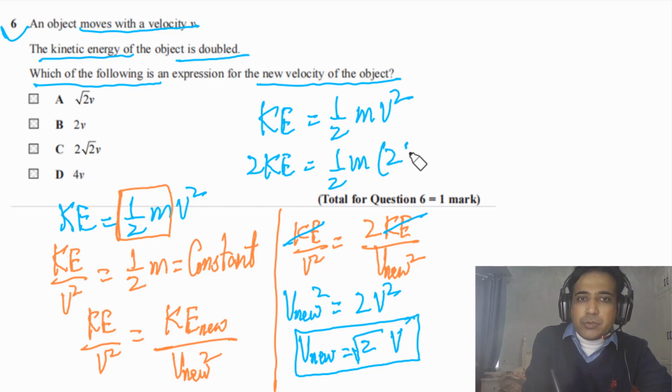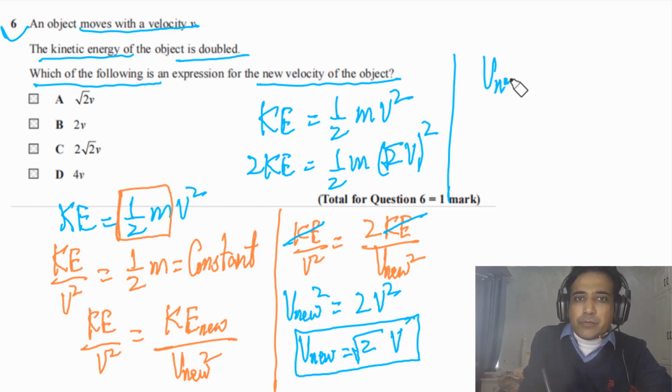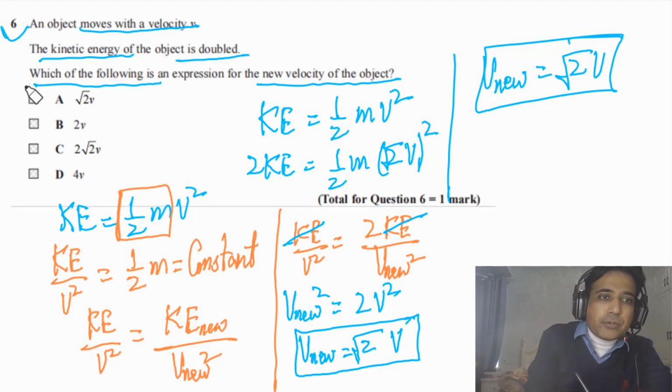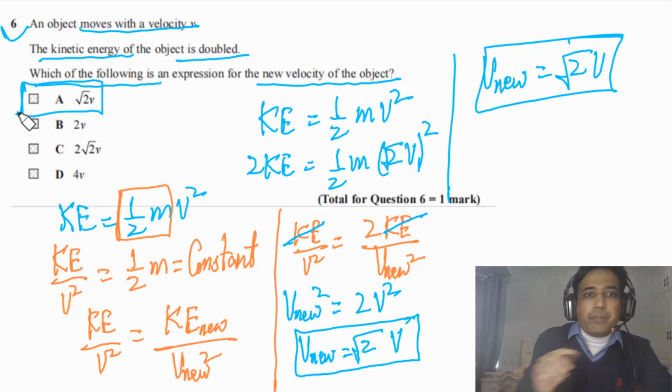That is possible if you have root of 2 times v, all squared. So from here I can say the new value of v, v new, is root of 2 v, so we can simply write it down like this. But this method is very useful. So the answer for this question has to be A.